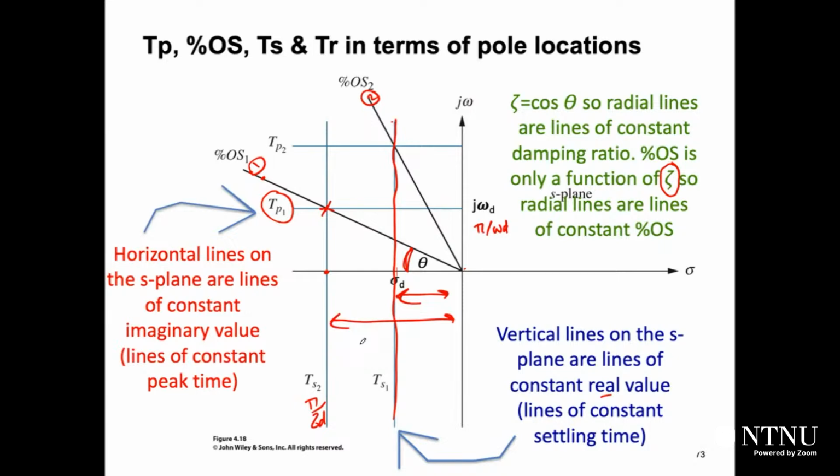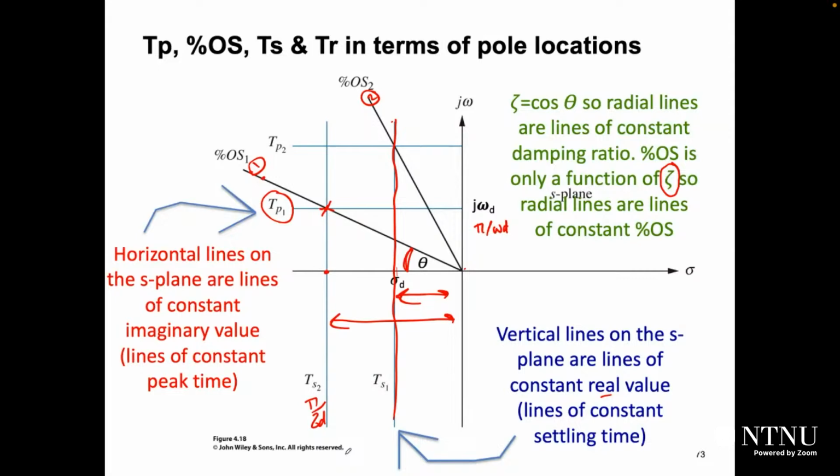Those real values are connected with the settling time, so those lines are lines of constant settling time, because the settling time here is pi divided by sigma d. For TS2, it will be pi divided by sigma d2, for example. So those vertical lines are lines with constant real value, or constant settling time.